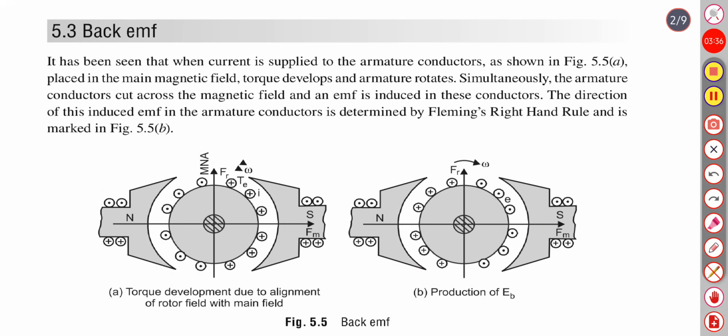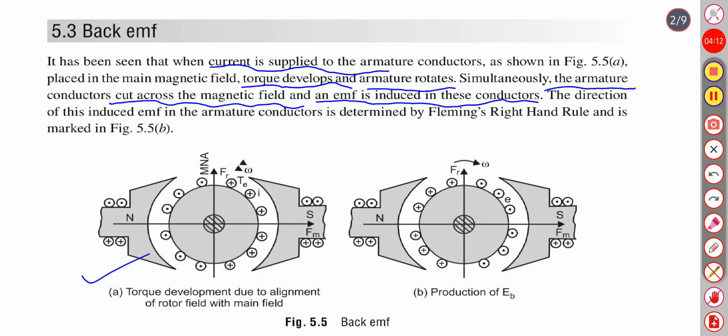Now back EMF. It has been seen that when current is supplied to the armature conductor placed in a magnetic field, here in this figure also, a torque develops and the armature rotates. Simultaneously, the armature conductors cut across the magnetic field and an EMF is induced in these conductors.